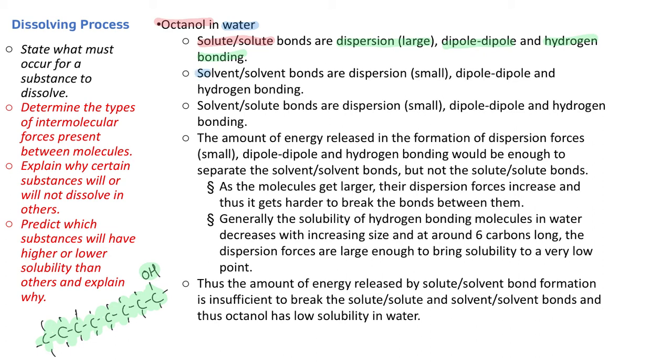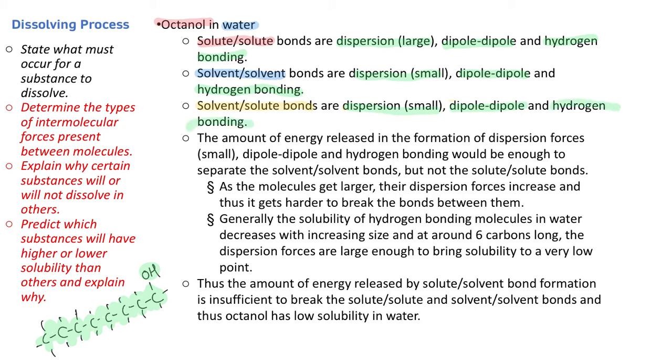The solvent-solvent bonds are dispersion, small, dipole, and hydrogen bonding as well. The solute-solvent bonds are dispersion, small, dipole, and hydrogen bonding. So you'll notice that they have the same intermolecular forces for the bond breaking and the bond forming.